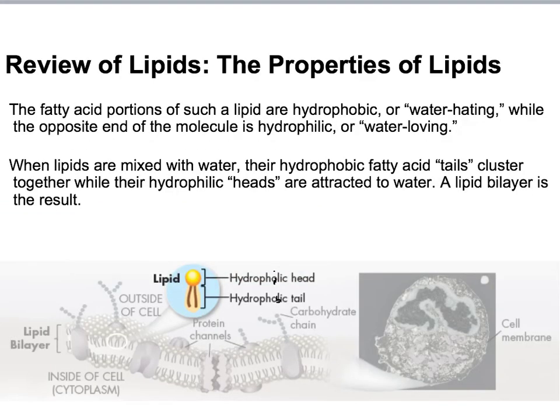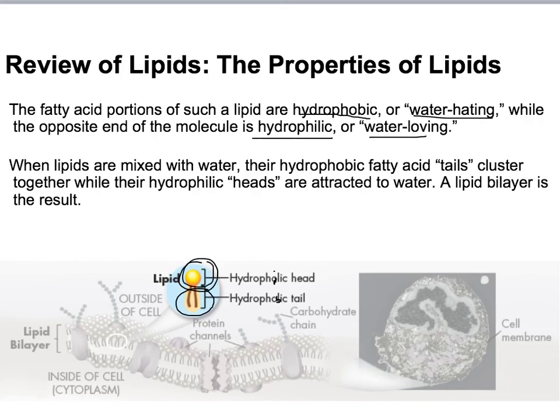And just a little review of the properties of lipids, because this will help us understand how the cell membrane keeps its structure. Remember, the fatty acid portion of the lipids is hydrophobic, which means water hating. So that would be this bottom region. And the opposite end of the molecule is hydrophilic, which means it loves water. So that would be this top region, the glycerol portion.